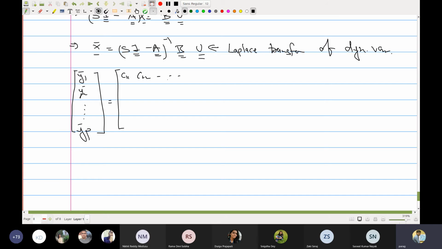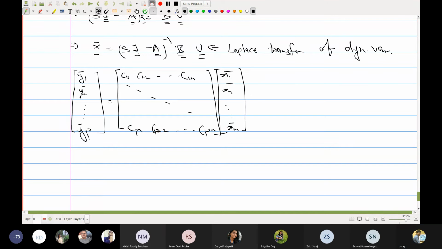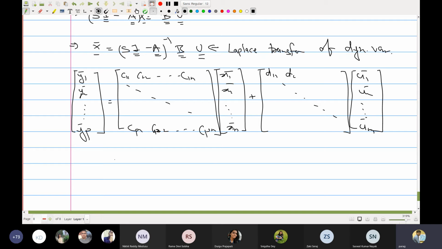The matrix C11, C12, C1n, to Cp1, Cp2 up to Cpn, multiplied by x1 bar, x2 bar, up to xn bar, plus the matrix d11, d12, and so on, times u1 bar, u2 bar, up to um bar, right?